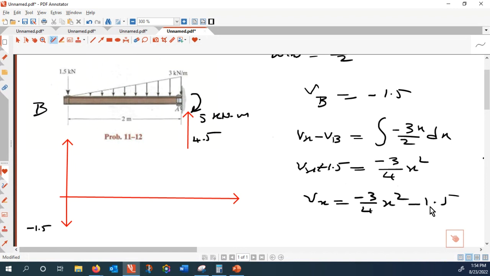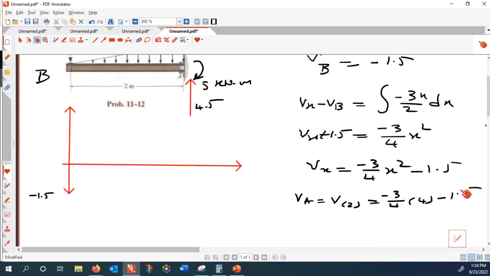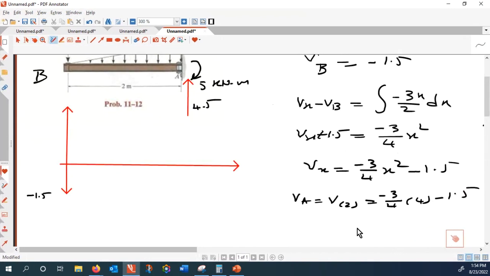If I plug x equal to 0, that gives me 1.5. And if I plug x equal to 2, that is V of A. V of A, that is V at x equal to 2, is minus 3 over 4 times 4 minus 1.5, which is equal to minus 4.5.